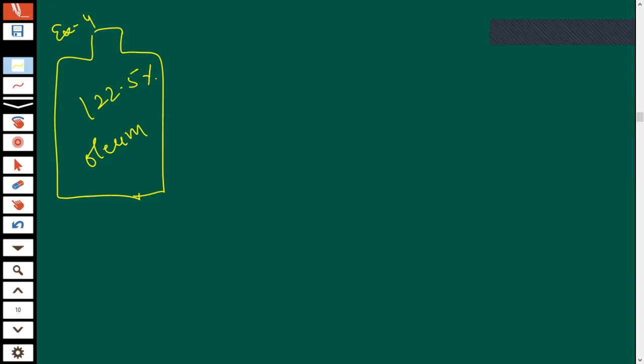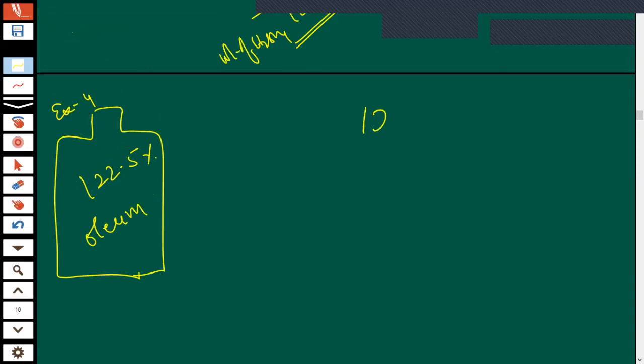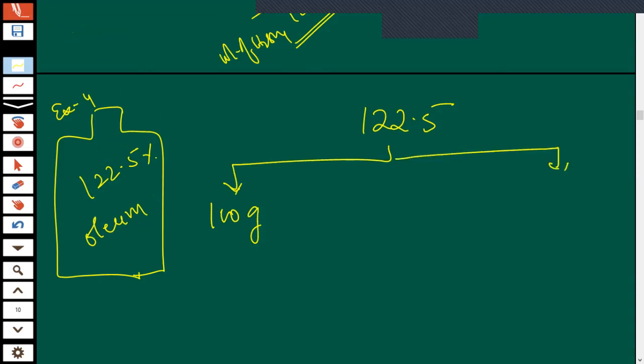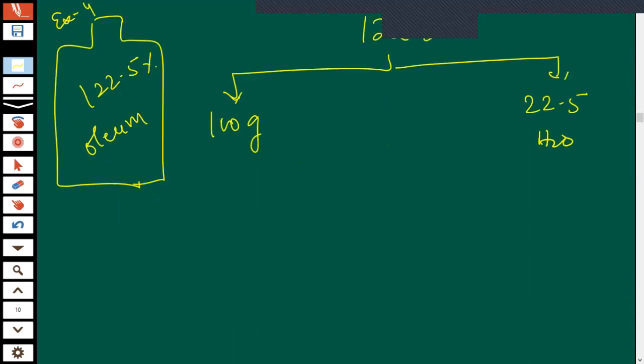Can you divide? Sir, 22.5 gram is water and 100 gram is oleum, the sample. 22.5 is water. This is oleum.